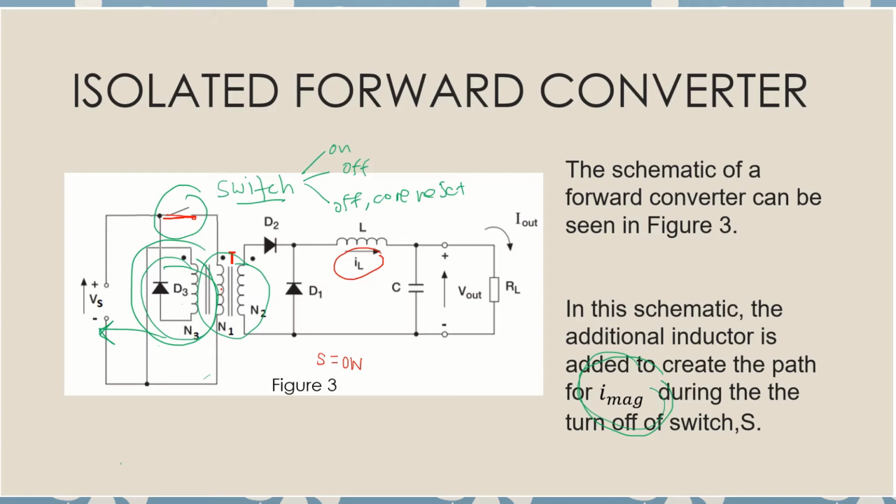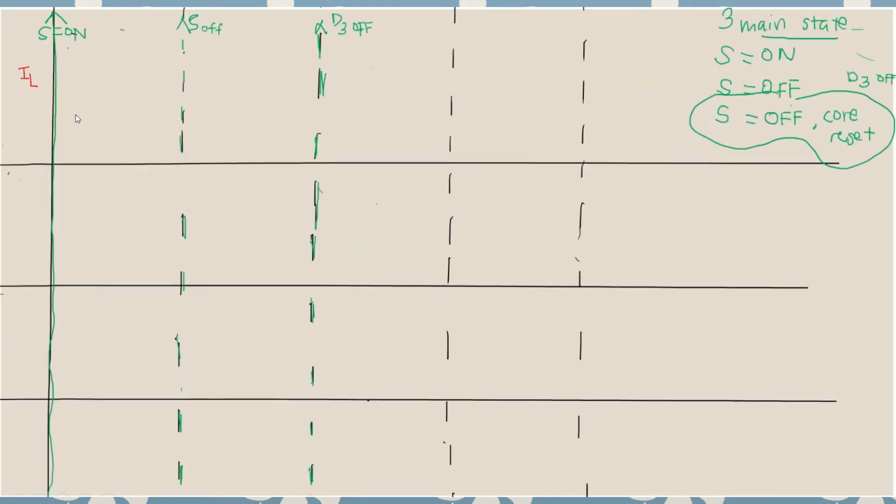You will see that D3 is off, but the current here will flow where ID1 is now equal to IL. So ID1 is also off. Let's have a look at that current. IL looks exactly like IL from the other previous converters.